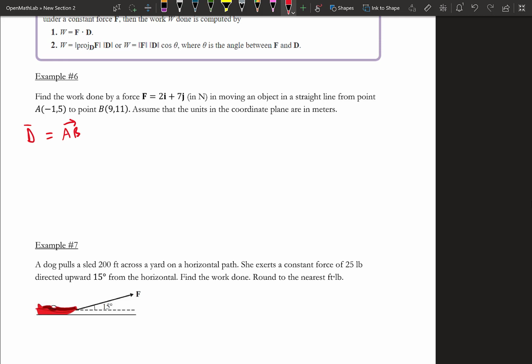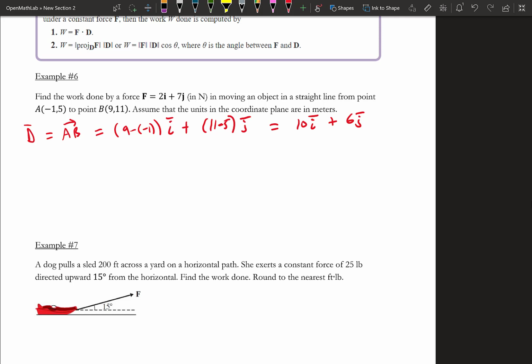So that vector, we can compute by taking 9 minus -1 times vector I plus 11 minus 5 times vector J, right? So this would be equal to 10I plus 6J, right?